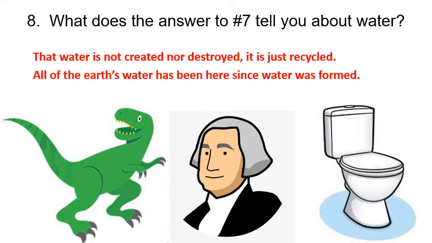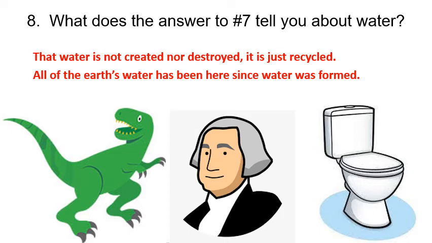Think about this. When you put water from your body into the toilet and you flush the toilet, where does that water go? It's not created or destroyed. It has to go somewhere else. Turns out we clean that water and then we put it back in the water cycle because we can't hold on to it. We can't take every flushed toilet water and store it somewhere and say, we're never going to use this water again.